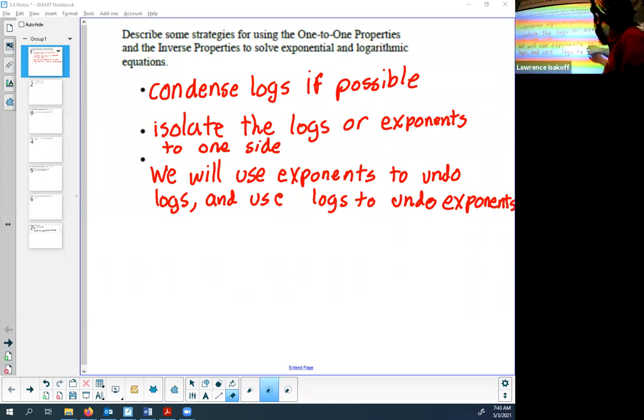So we will use exponents to undo logs, and then we will use logs to undo exponents. So if that variable is trapped inside a log, we're going to have to rewrite it. Whatever the base of the log is, that should be the base of our exponentials. And if we have an exponential, that should be the base of our log.